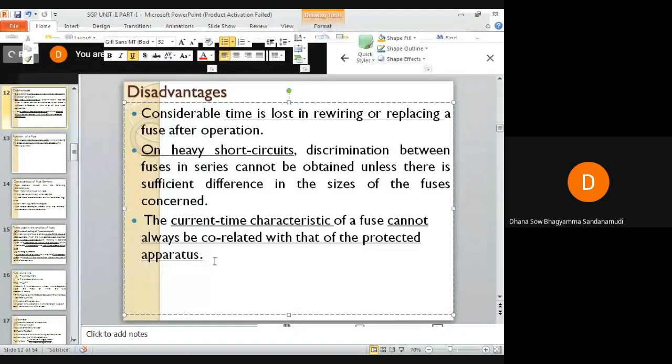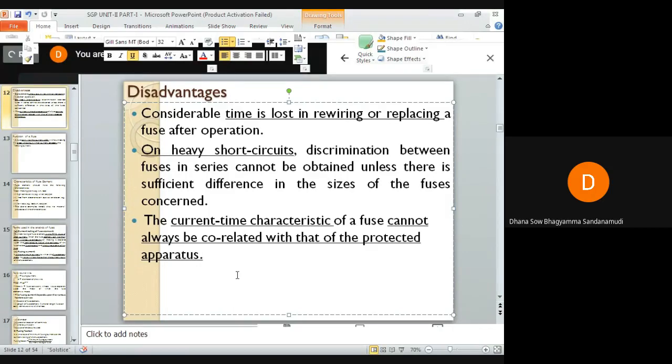The disadvantages of using these fusing elements are that time is lost in rewiring and replacing, isn't it? Whenever the fuse blows out, you have to manually replace it, so it's a wastage of time. Also, if heavy short circuit conditions occur, then the fuse may fail to operate properly.